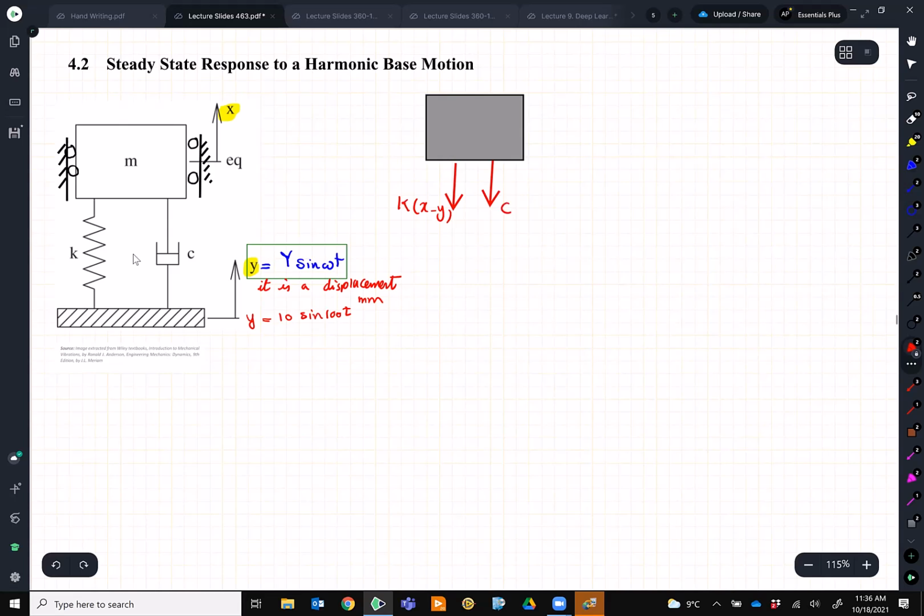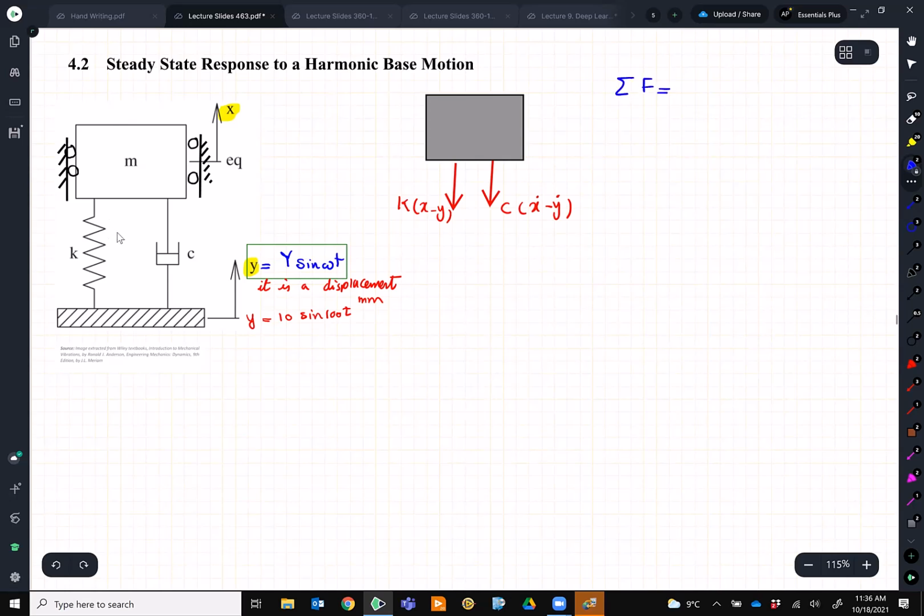Similarly, for the damping, it is very similar to the stiffness. It is just, instead of displacement, it is a speed. So we don't care about the weight because the weight is sitting on the spring and it creates some deflection there. So we write down our equation.